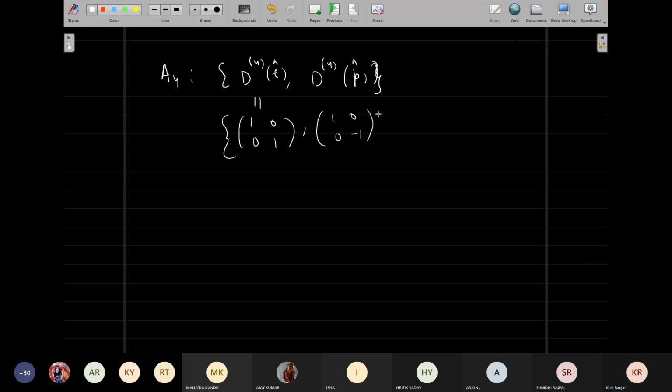This is a dimension 2 isomorphic representation of the same group. So what we have done is basically we have converted our A3 to A4. Why I have done it, I am just going to come next to it.